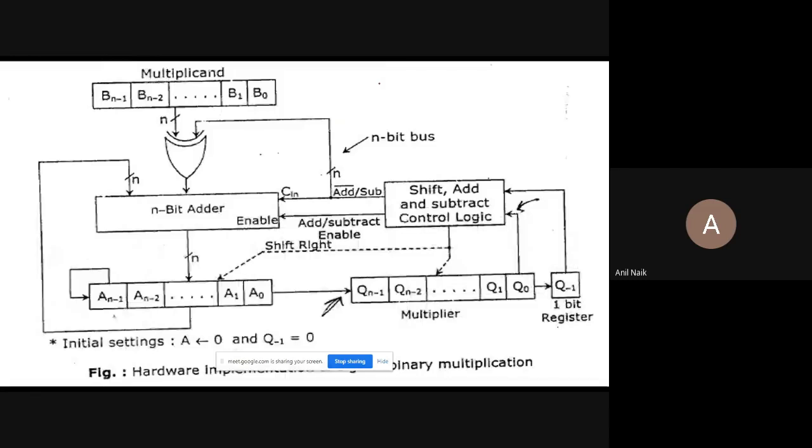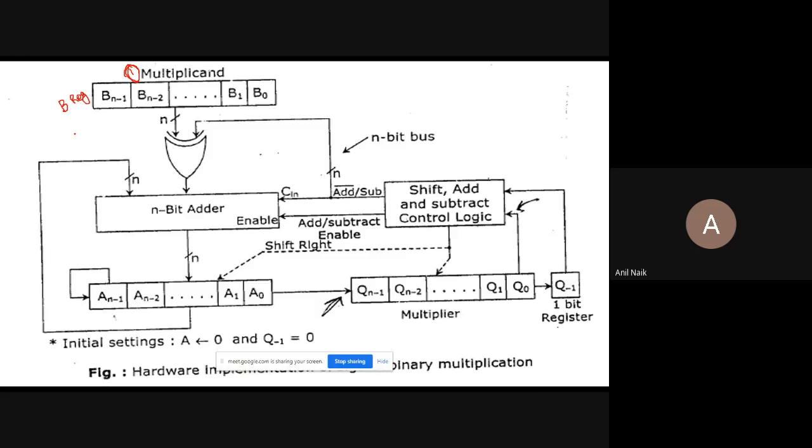For multiplication, you require two numbers. One is the multiplicand, and that multiplicand you store in a register called the B register. What is the multiplicand value?